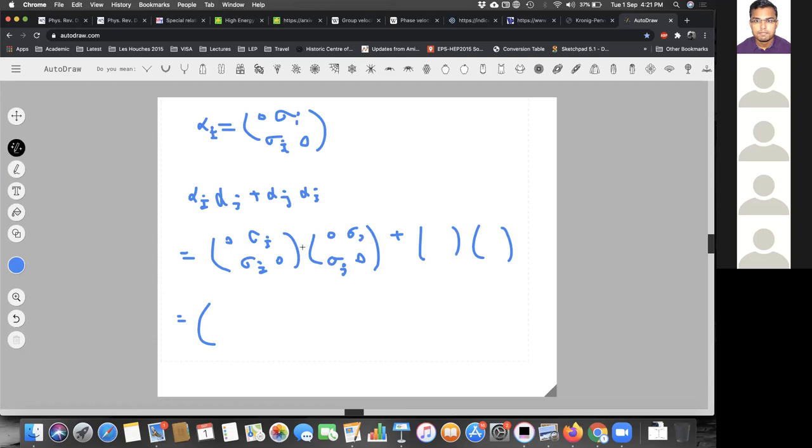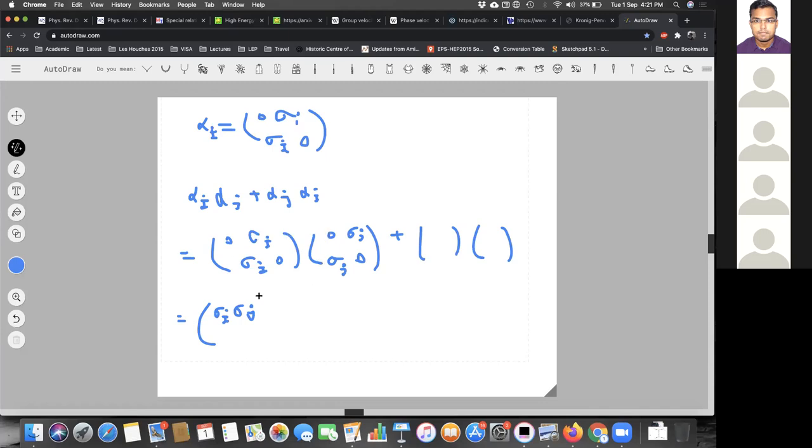Let's check this. What is this product, by the way? Quickly, anyone? The first entry is 0 multiplied by 0 and sigma i multiplied by sigma j. 0 times 0 is 0 plus sigma i times sigma j is sigma i sigma j.